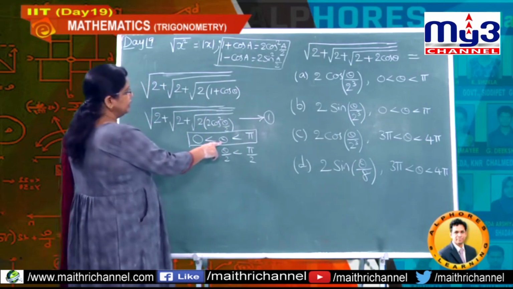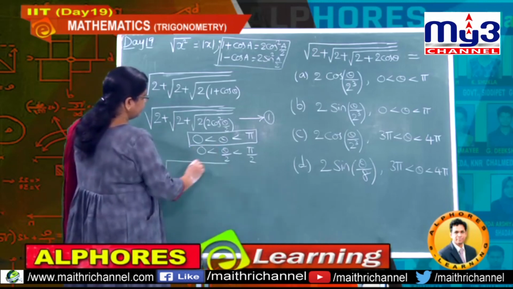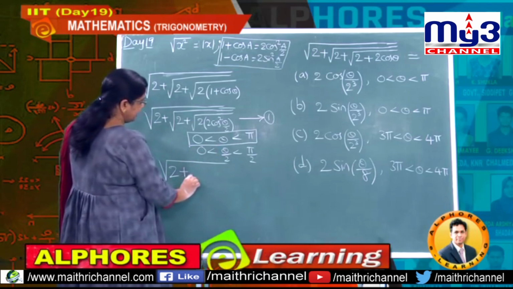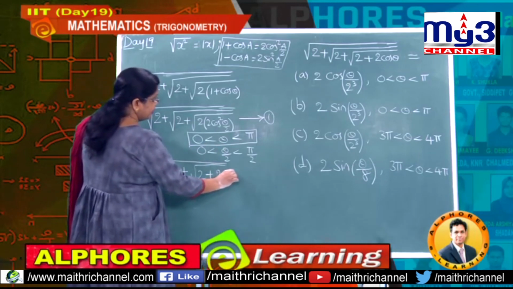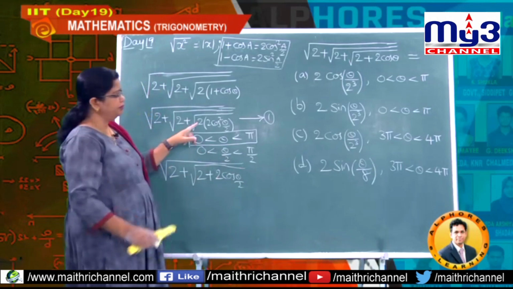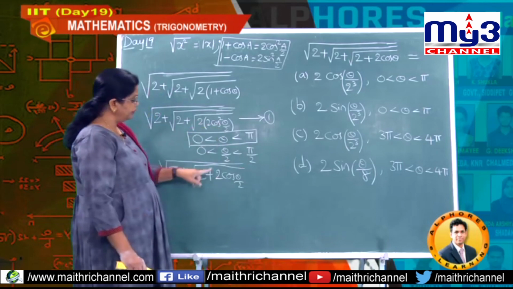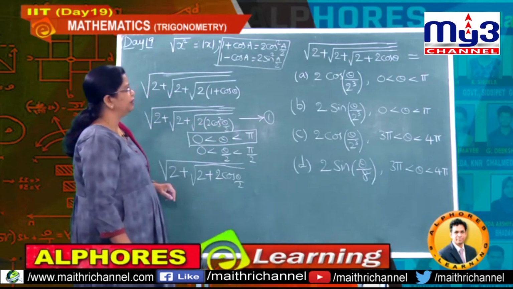Now we have started taking theta values. Therefore under root of 2 plus, it is again under root of 2 plus, you can write directly 2 cos theta by 2. Got it, students, up to here? So root 4 cos square theta by 2, I wrote directly with the plus symbol 2 cos theta by 2.